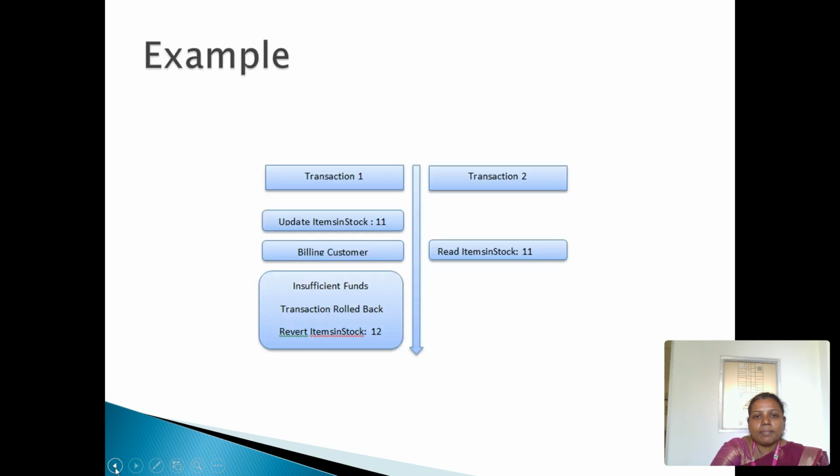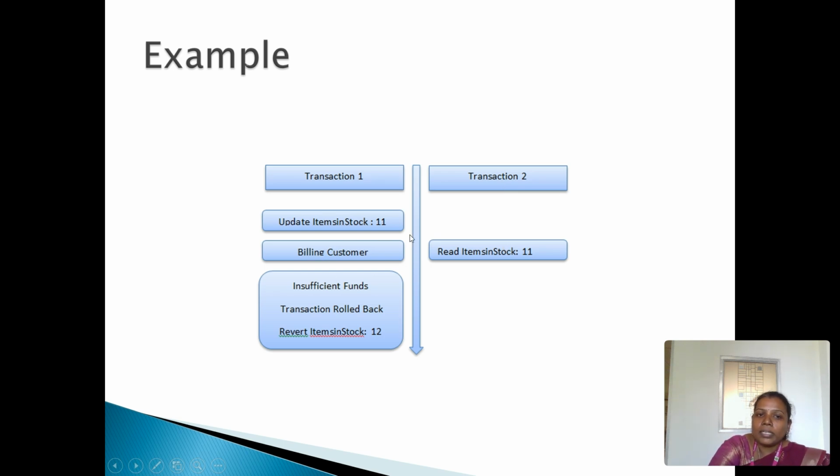In this example, in transaction 1, the stock item is updated to 11. Then transaction T2 reads the data, and the stock item is 11.